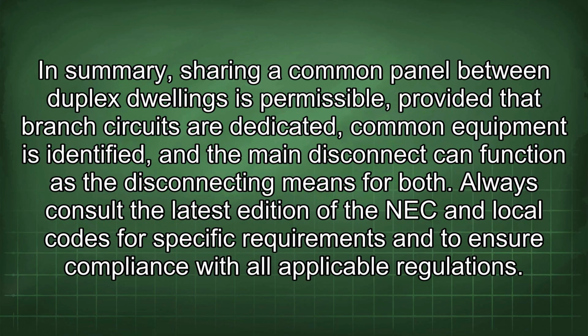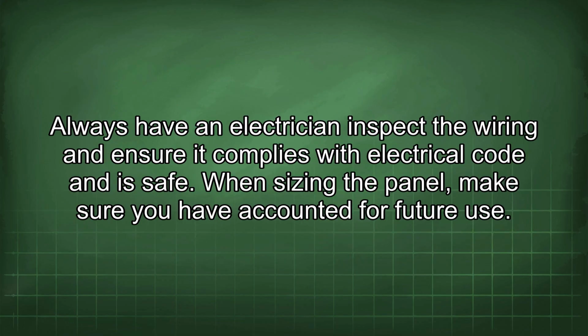In summary, sharing a common panel between duplex dwellings is permissible, provided that branch circuits are dedicated, common equipment is identified, and the main disconnect can function as the disconnecting means for both. Always consult the latest edition of the NEC and local codes for specific requirements and to ensure compliance with all applicable regulations. Always have an electrician inspect the wiring and ensure it complies with the electrical code and is safe.